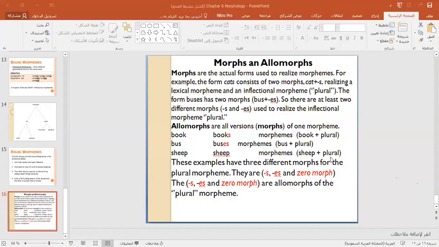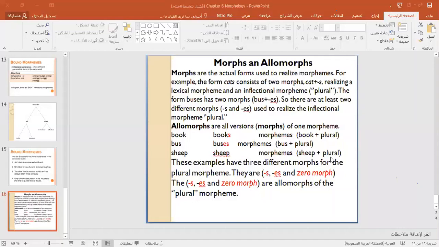So we say, I have three sheep. How many morphs does sheep contain in this sentence? Only one morph, because the actual form is only one. We don't have two different forms to represent the morpheme here. But the morphemes here are two, sheep plus plural.